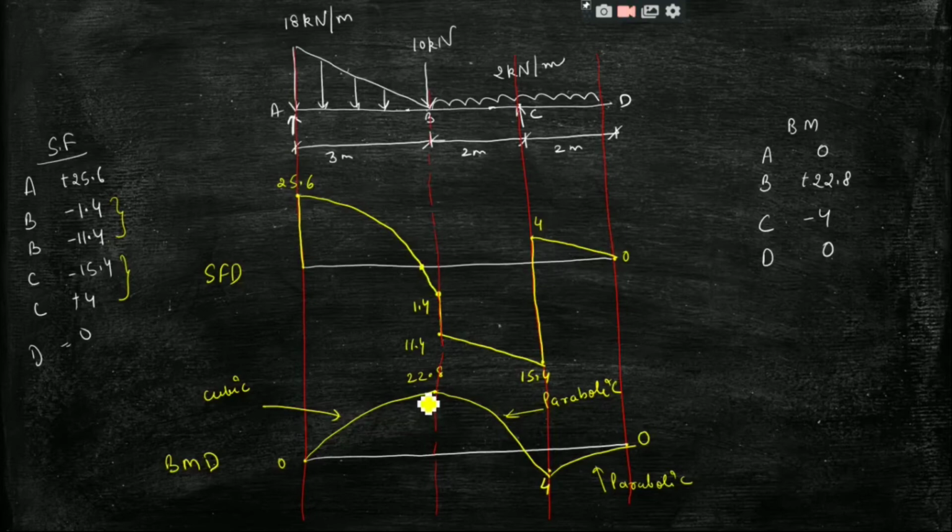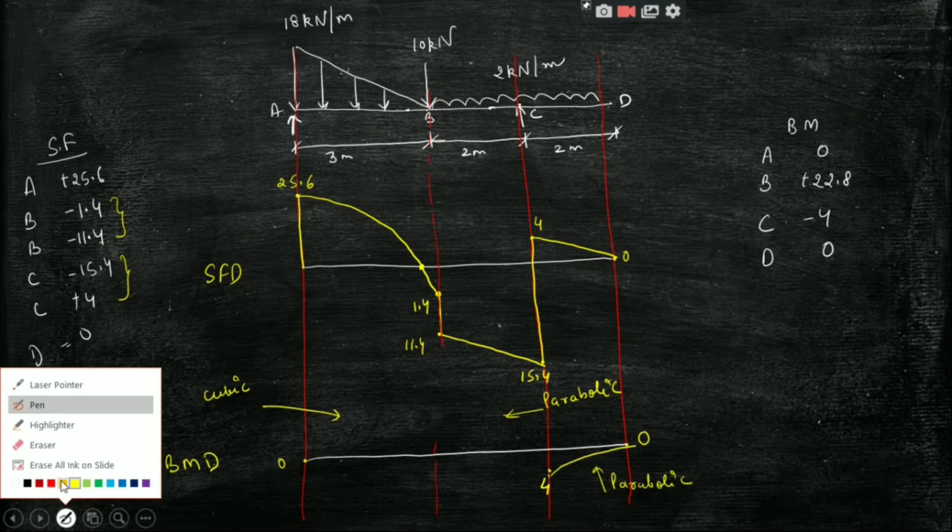So corresponding to this, the bending moment should be maximum. So I have plotted 22.8 to be maximum, but this is wrong. So I will delete this part for now, right? This means that this value is not correct. We have to determine the value at this location, this section.